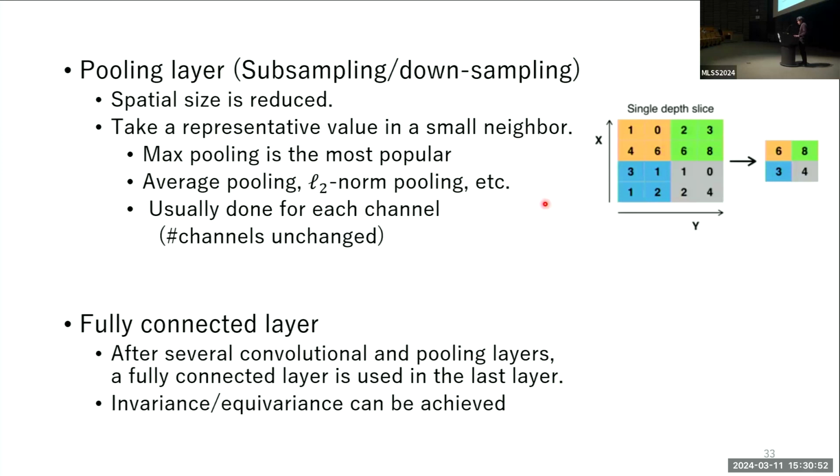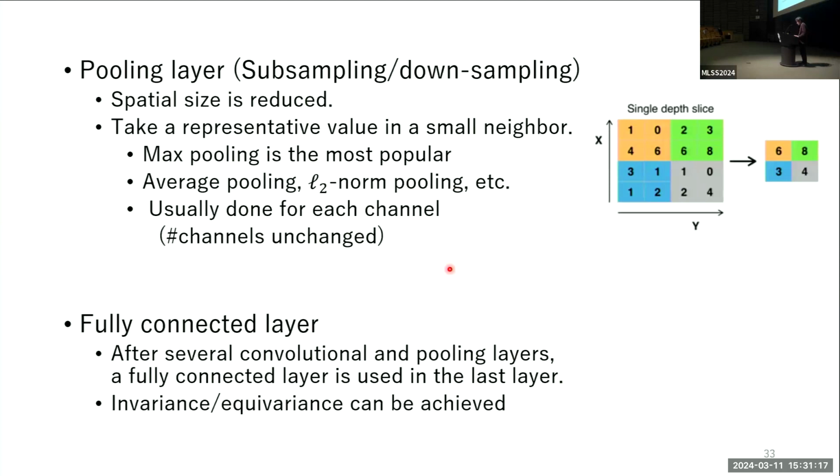Taking max is called max pooling, and there are also other types of pooling like average pooling and L2 norm pooling. I will not go into the details, but because the spatial dimensionality is shrunk, people often use a larger number of channels instead to keep their expressive power.